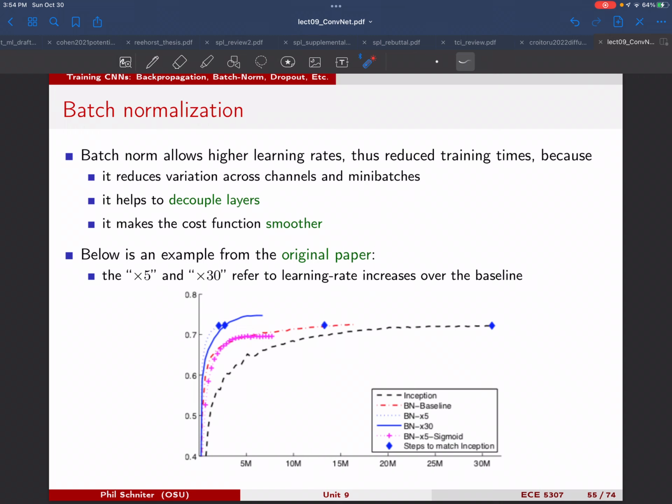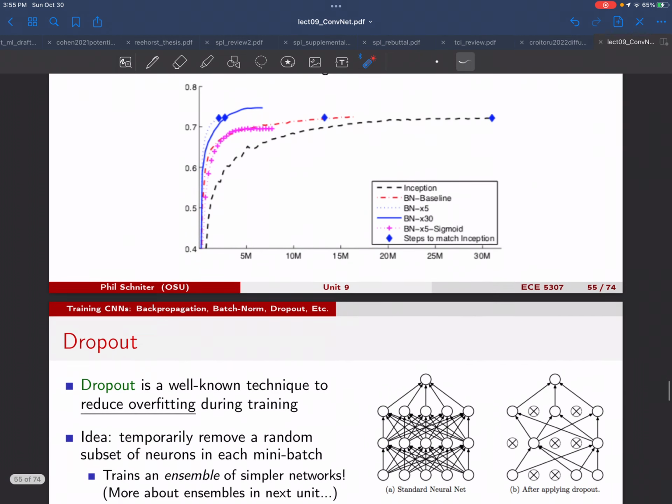That kind of uniformity allows you to do things like increase your learning rate because you're not worried about the worst case being so much stronger than the average that if you increase the learning rate, that worst case will explode. Another thing it helps to do is decouple layers, make them work more independently of each other. And you can show that it actually makes the cost function smoother, and that's another way to understand batch norm. So there's all sorts of ways to understand it, but it works super well, and it's still something that is used today.